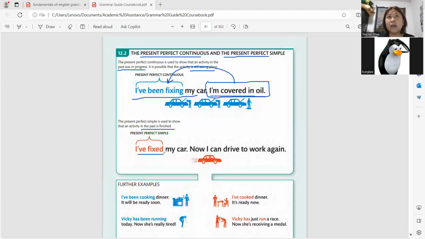It's just that the activity is already completed, already done. So I've fixed my car. So that means that the car is already fixed. So now I can drive to work again. So this is the difference between present perfect continuous and the present perfect simple.